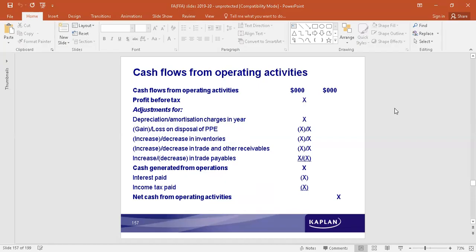If we are preparing the indirect method cash flows from operating activity, see, already there is a P&L account prepared, that is, the income statement prepared. We see that in the trading P&L account or the income statement, there are many things that are accounted on the debit side and on the credit side. Out of that, we see that there are operating transactions on the debit side.